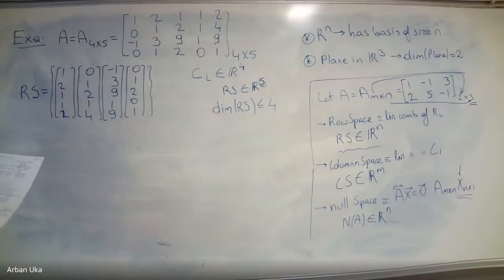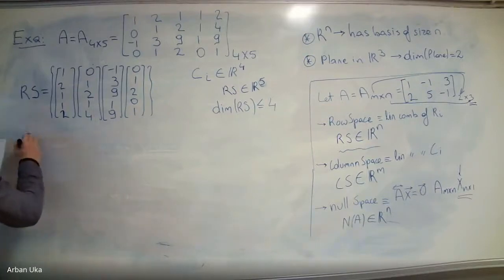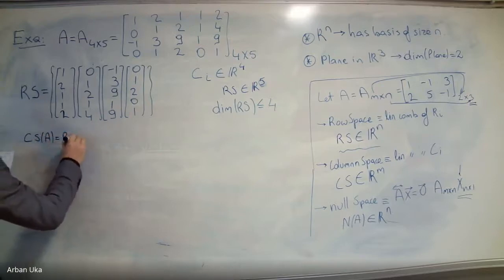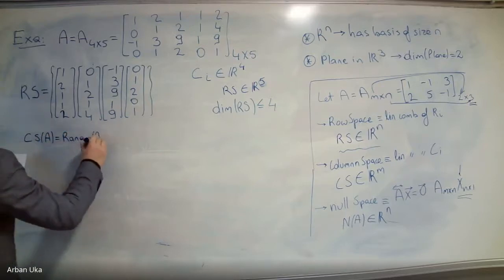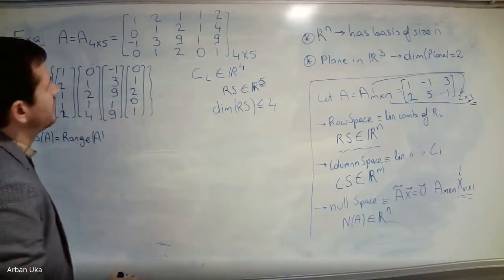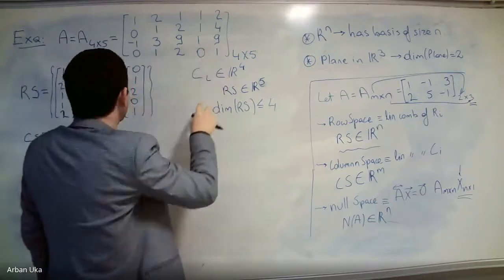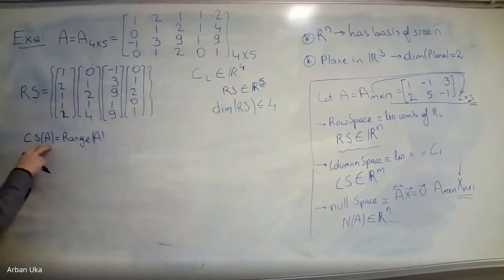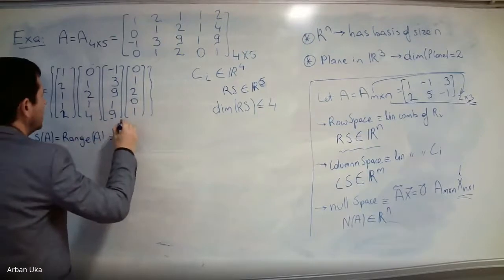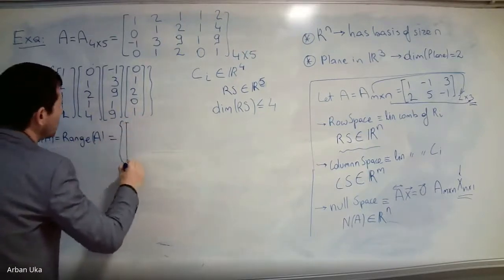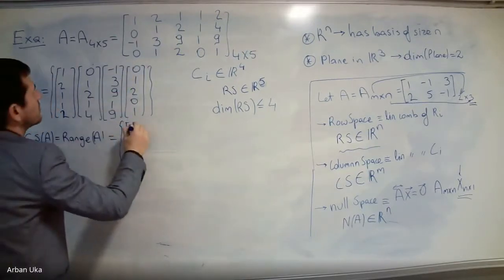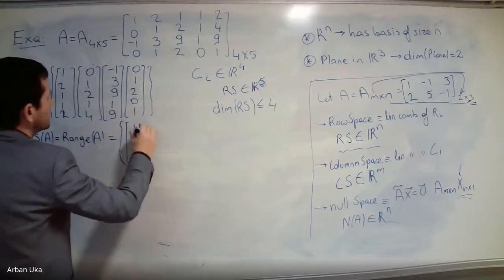And then let's move on, and we can also say at this stage that the column space of A is also defined as the range of A. I believe we remember that whenever we have AX equal to B, the B is always a linear combination of the columns. So I believe we can write here that the column space of A is equal to the range of A, and in principle it would be equal to writing down all the columns: 1, 0, minus 1, 0.